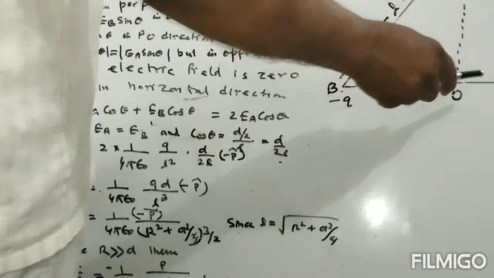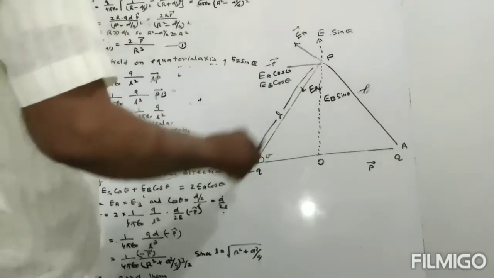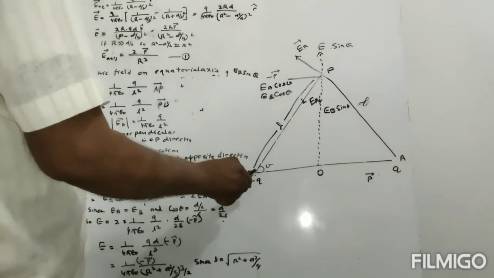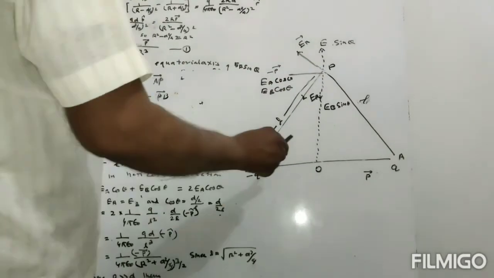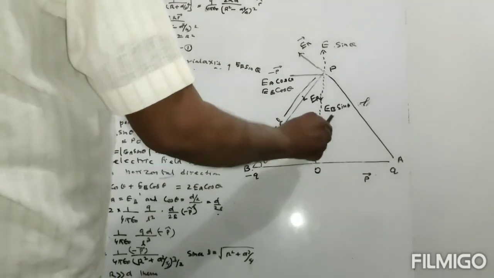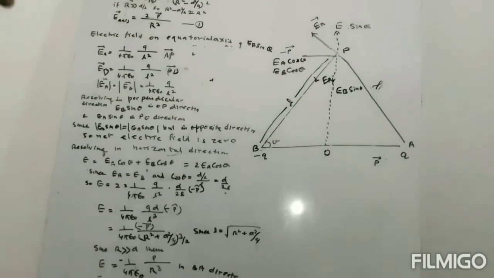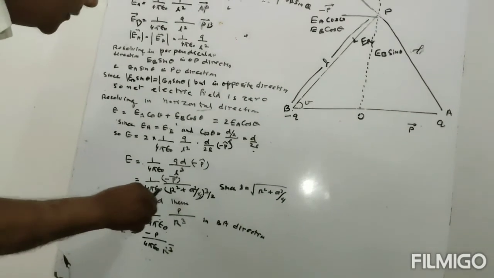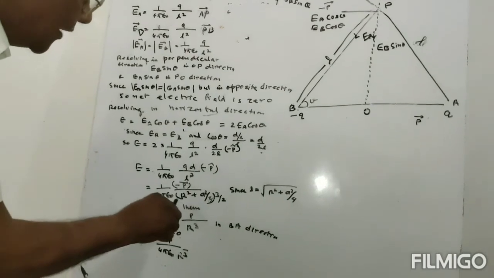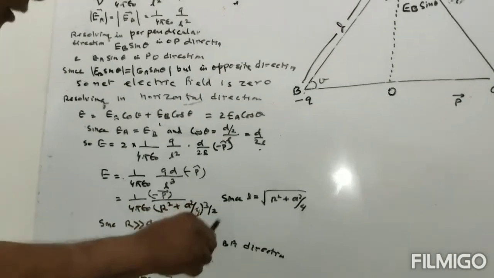L will be equal to... OP distance is R. So by the Pythagoras theorem, PB is equal to square root of D square by 4 plus R square. So substituting this value, we will get E is equal to 1 by 4 pi epsilon 0 times minus P divided by (R square plus D square by 4) to the power 3 by 2.